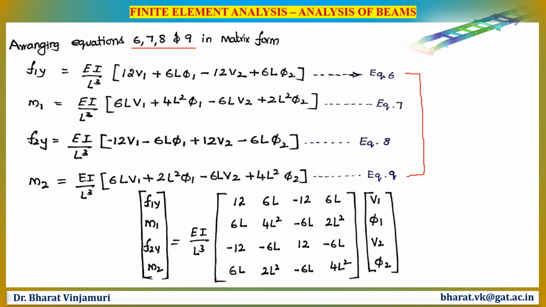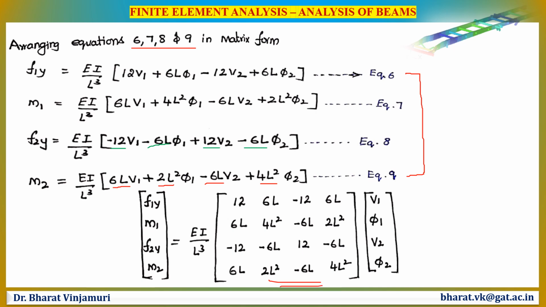The third row will be filled with minus 12, minus 6L, plus 12, minus 6L. These are the coefficients of V1, pi 1, V2 and pi 2. Similarly, the fourth row will be filled with 6L, 2L square, minus 6L, 4L square. So these are the equations which we have got here.